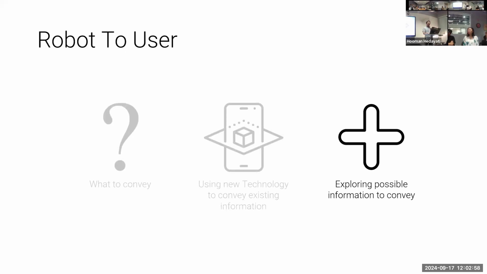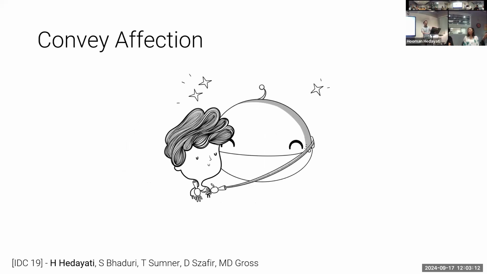And the last one is exploring what types of information we can convey. For example, can we convey affection?